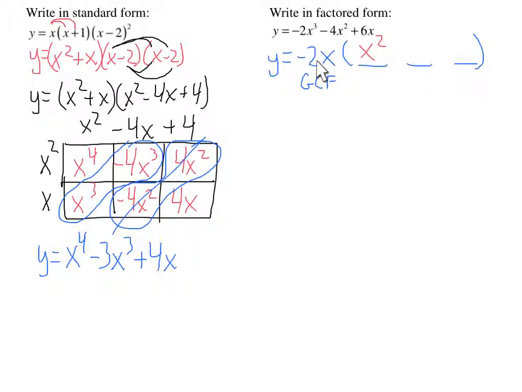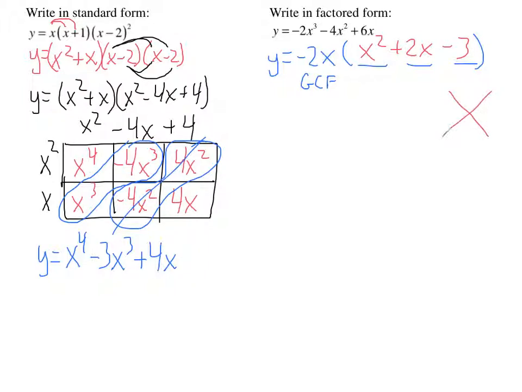Next. What's negative 2x times what gives you negative 4x squared? Can you tell that would be positive 2x? And then negative 2x times what gives you positive 6x? Minus 3.